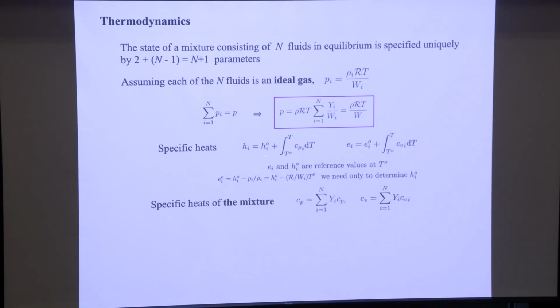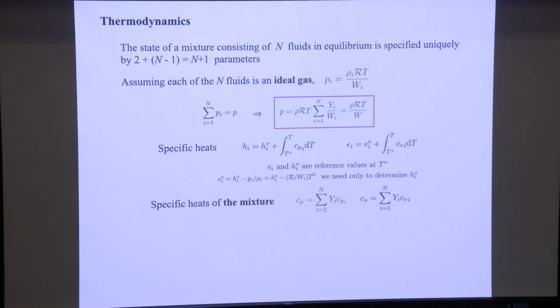When you integrate this, you get a reference enthalpy Hi naught plus the integral of CPi, where CPi are the specific heat of each species. Note that there are many references, Hi naught for each i, so we cannot just choose them independently. There must be some consistent way of choosing this, something that I will talk about in a few minutes.